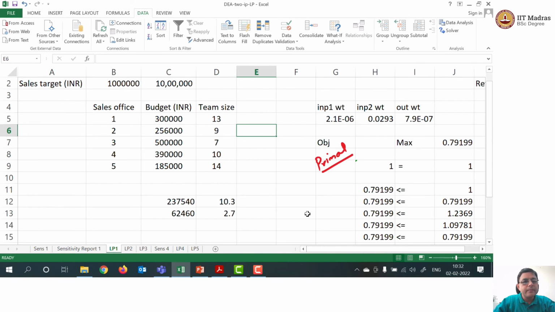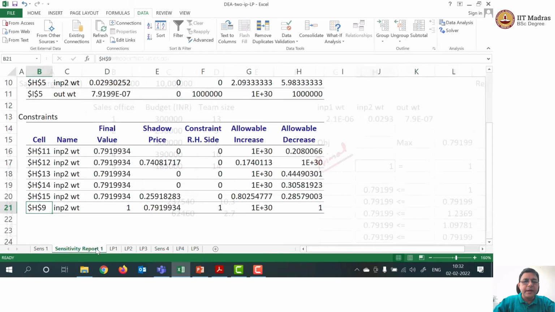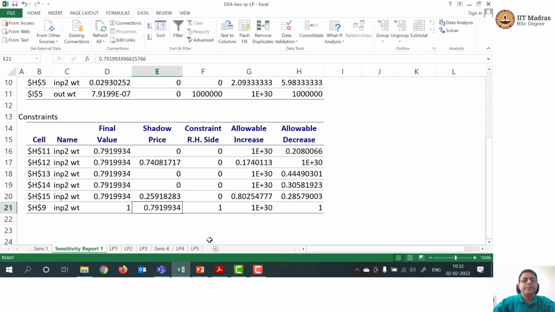H9 represents the normalization of input, and you can see that it is a tight constraint. Left hand side is 1, right hand side is 1. It's a tight constraint.